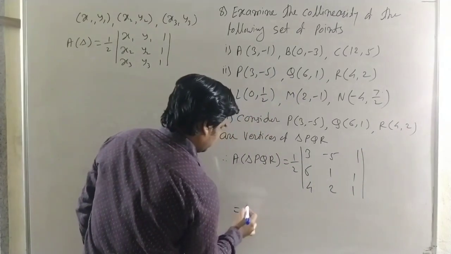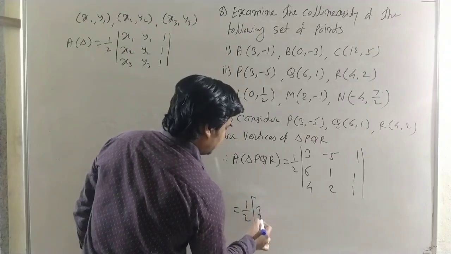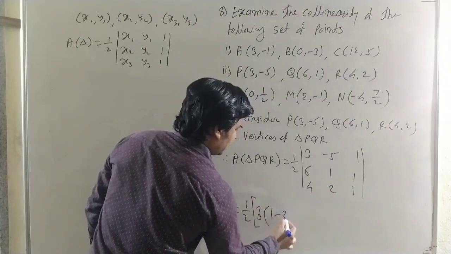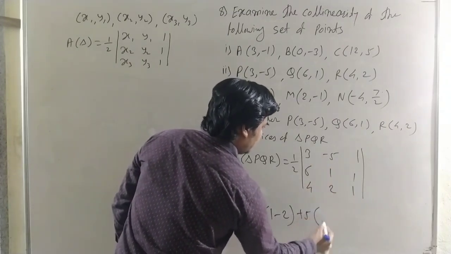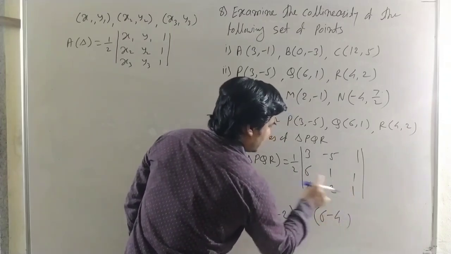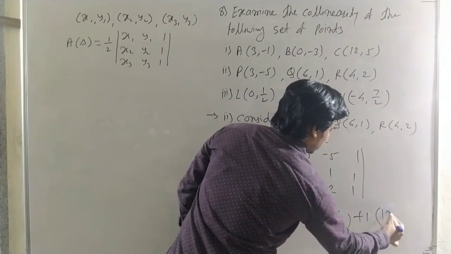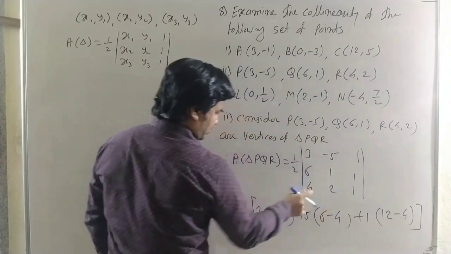Now 1/2 times, find the determinant: 3 into (1 - 2). Change the sign of the middle term, that is +5 into (6 - 4), plus 1 into (12 - 4).